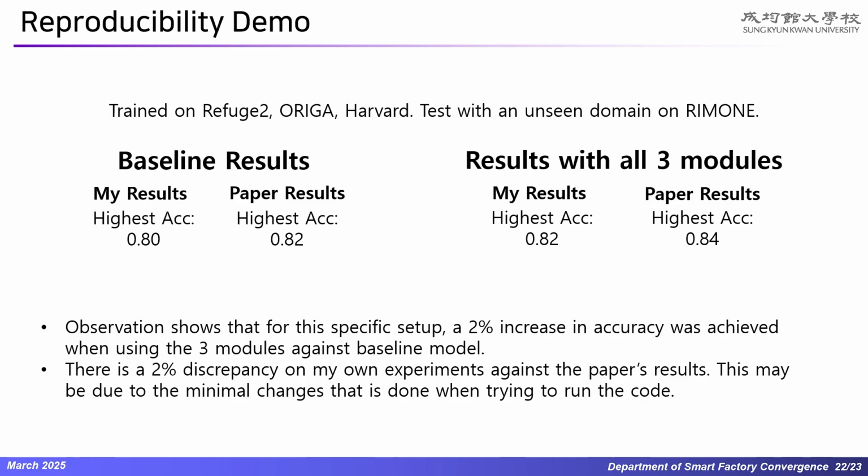And the result with all 3 modules, the deep shallow feature fusion, the DFA, and the explicit implicit, reaches 82 on my demo, and on the paper it's 84. So it's a 2% increase from baseline to the 3 modules.